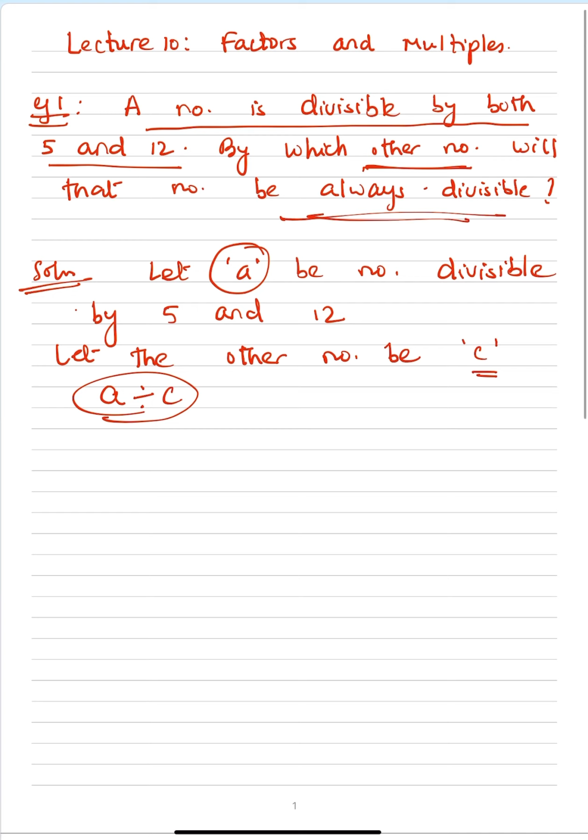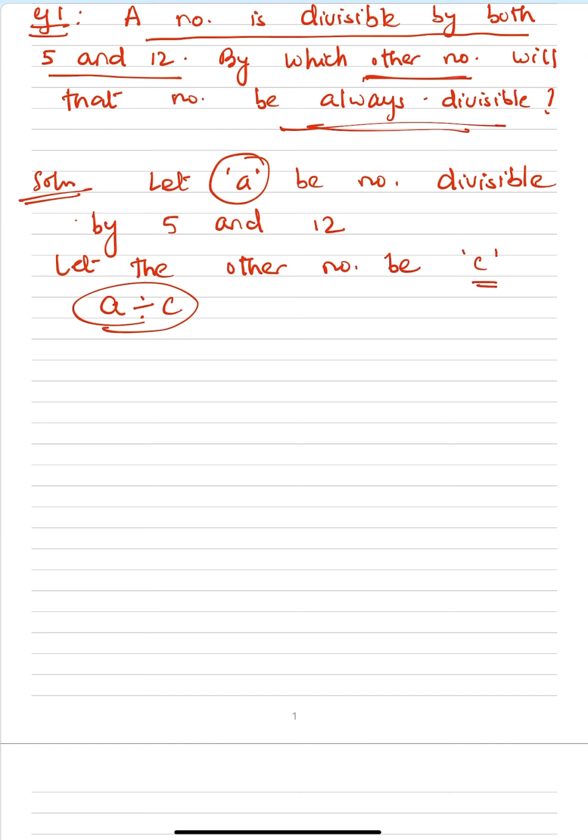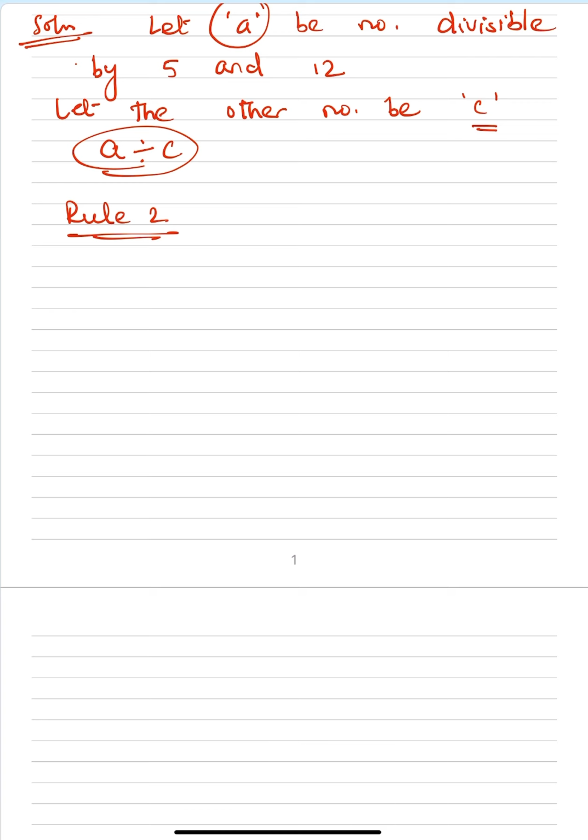Now what we will do, see. Here just recall rule number 2 of the last to last lecture, right? We have done some more divisibility rules. What does that rule tell us?